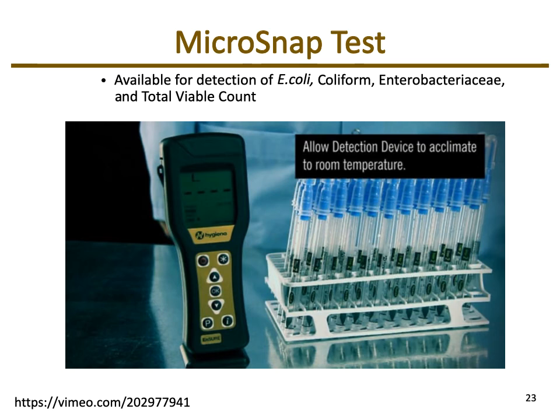In this, you have a detection device. This is the machine that's actually going to read the sample to determine whether microbes are present. They have a number of different detection systems where you can detect E. coli specifically, coliforms, enterobacteria, or total viable counts. Depending upon what kits, what tests you purchase, you can detect these different microbes.